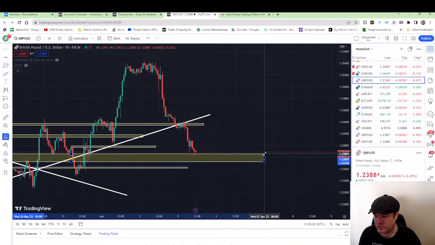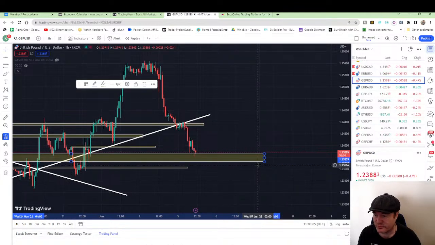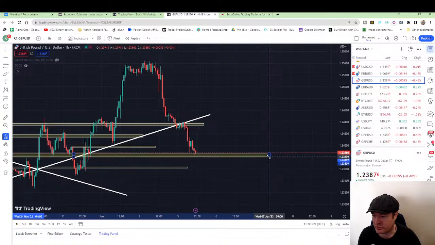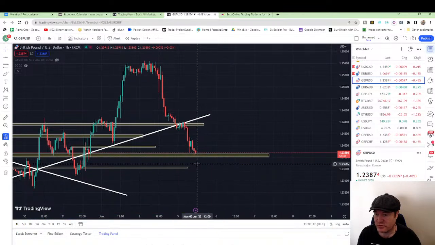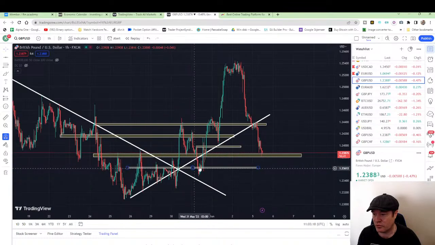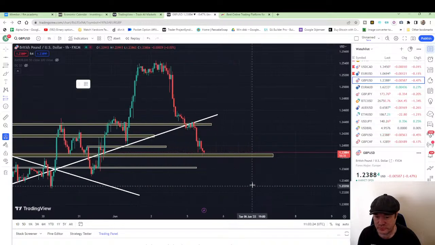We can stress that this support starts around there. We don't need to have it so thick. I think we can take it more like there. So we see that we have the confirmation. We have a weaker one here now.